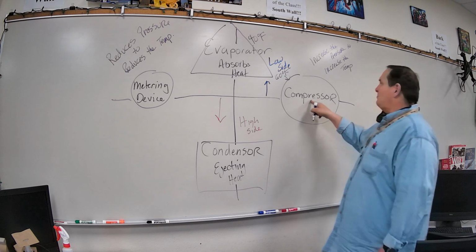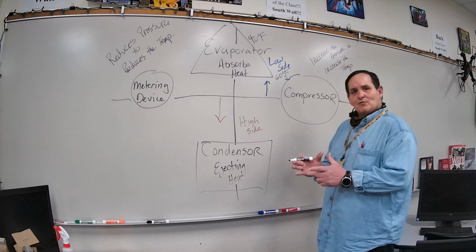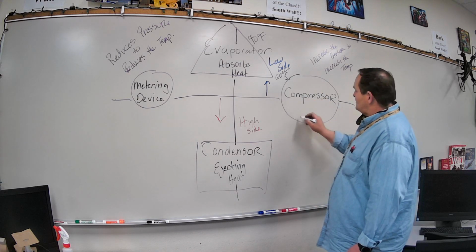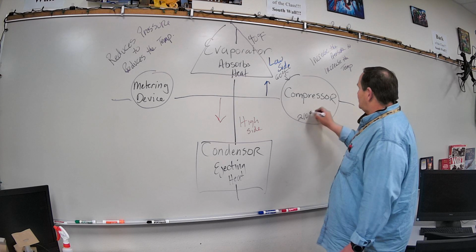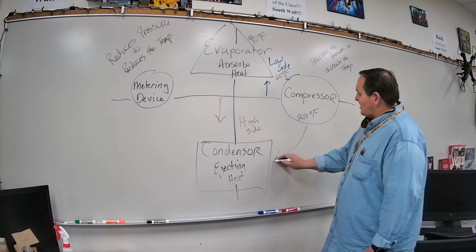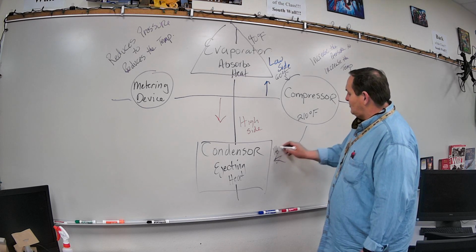When it goes into the compressor, it compresses the gas and excites it, which increases the temperature. So it goes in at 60 degrees and comes out at 210 degrees. And even before it gets to the condenser, the temperature has already dropped to about 180 degrees.